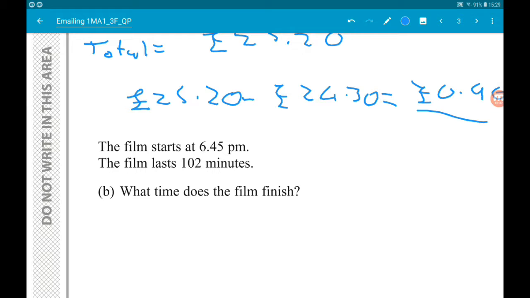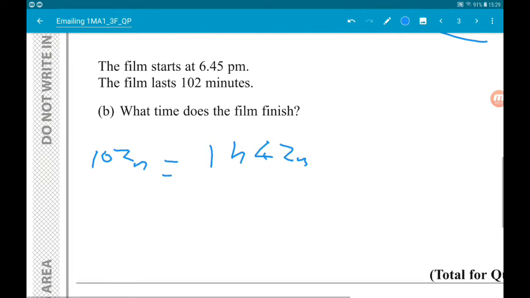Okay, so first thing I would do is convert 102 minutes into hours and minutes. So 1 hour is 60 minutes. So 102 minutes is 1 hour 42 minutes.